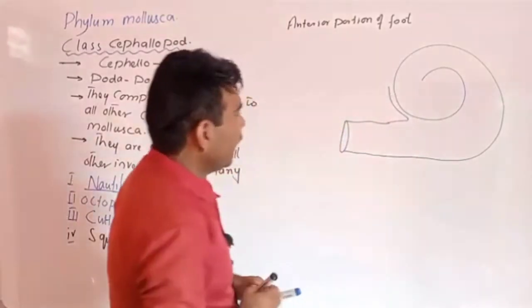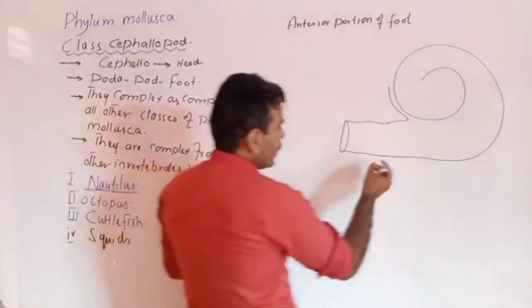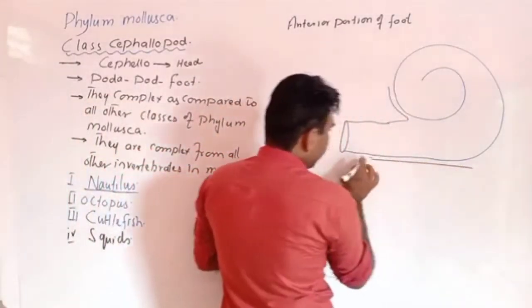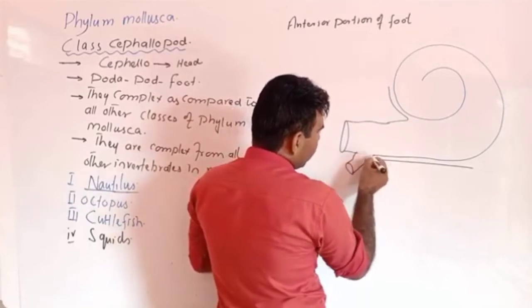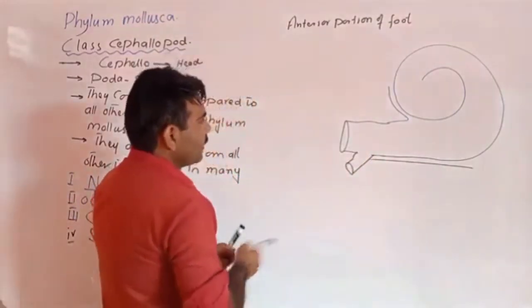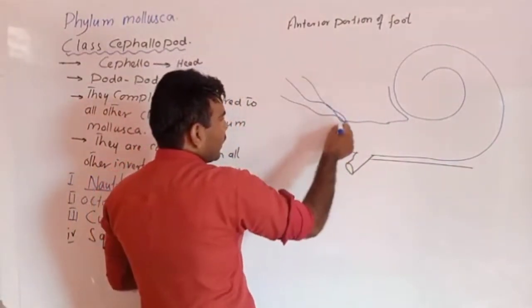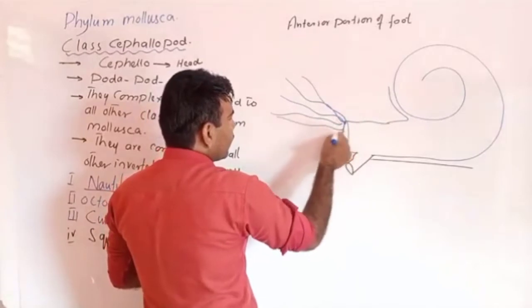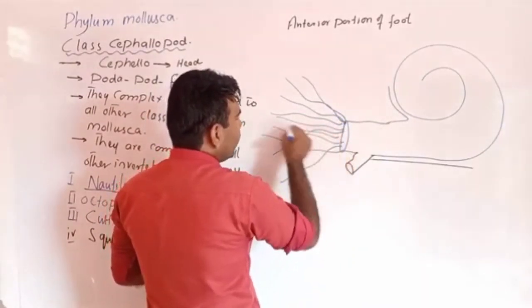This is the animal known as Nautilus, and this is the foot region. The foot region contains this portion which is known as the head, and this head contains long arm-like structures known as tentacles.